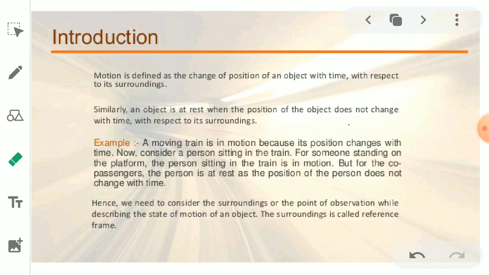A man moves when he walks, a fish moves when it swims in the water, or similarly a car or a bus moves on a road. So the movement of a body, whenever we say that this body is able to move, is also known by the term motion.